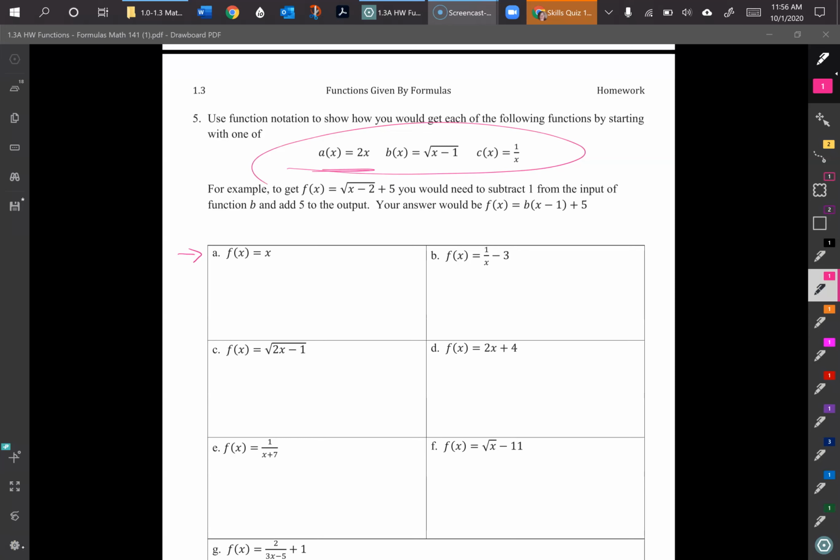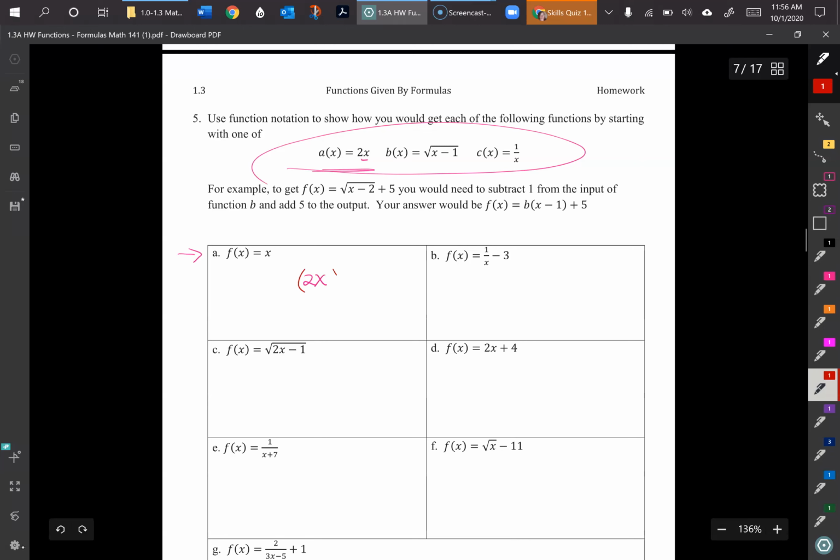If a of x is 2x, how could I write 2x and make it become x? Well, I would divide it by 2 or multiply by a half, right? Then if I simplified, I would get x.